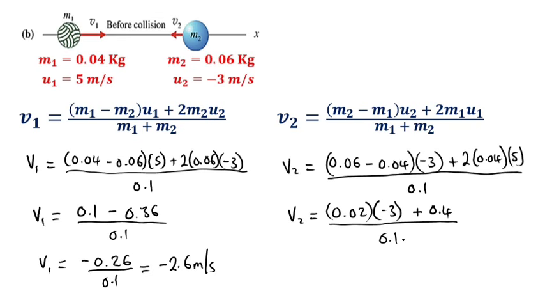So 0.02 times 3 is 0.06. So V2 is equal to negative 0.06 plus 0.4. Remember, all this is over 0.1. So 0.4 minus 0.06 gives us 0.34 divided by 0.1.